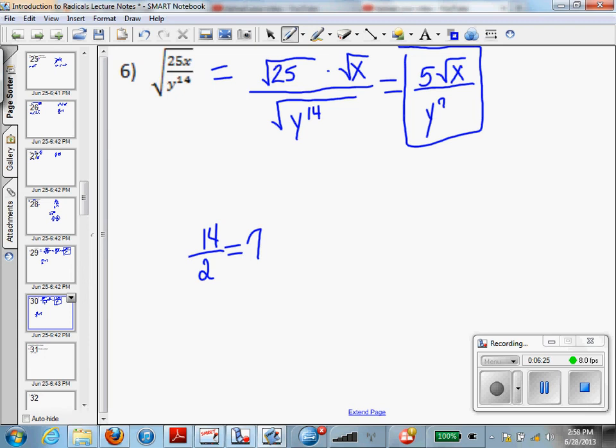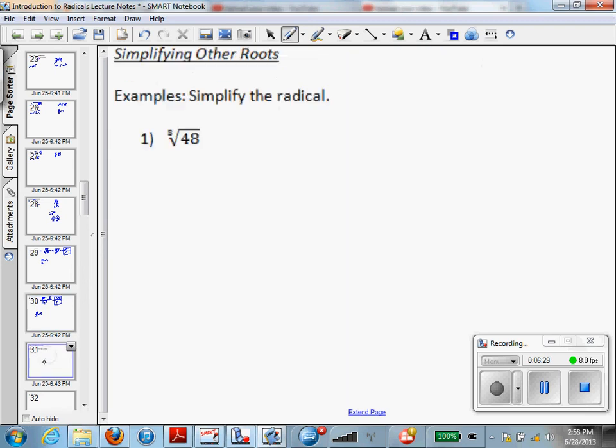If we were to look at simplifying higher roots besides ones that contain just an index of 2, we have a 3 here. So we have 3 root of 48. What you want to do is try to break this into things that have cube roots.